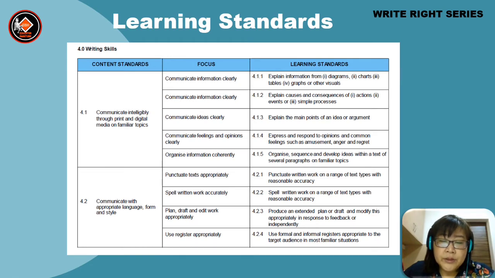And 4.2.2 spell written work on a range of text types with reasonable accuracy. 4.2.3 produce an extended plan or draft and modify this appropriately in response to feedback or independently. And the last one, 4.2.4 use formal and informal registers appropriate to the target audience in most familiar situations.